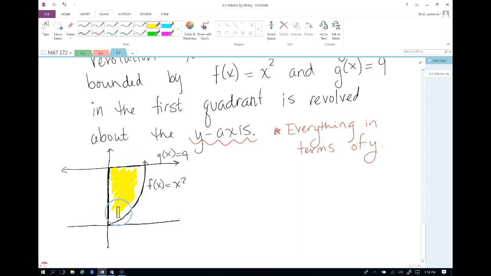That's our two-dimensional region. We want to revolve it around the y-axis. We're going to spin it this way. When we get to 180 degrees, we're going to have the exact reflection of it over in quadrant 2.